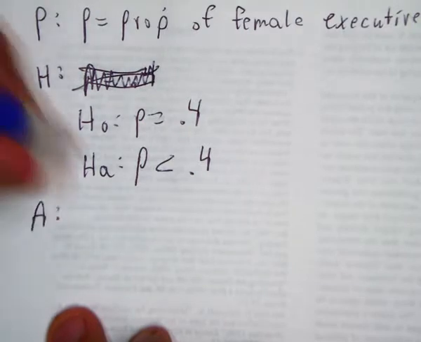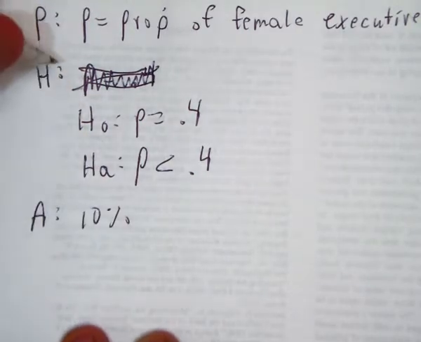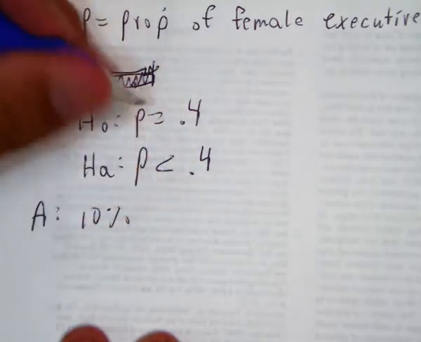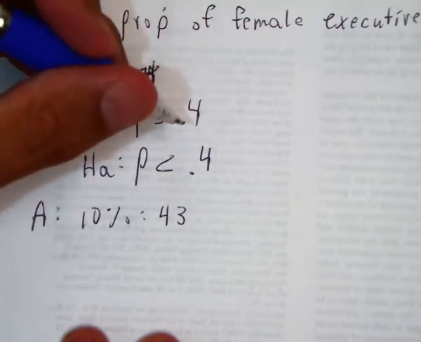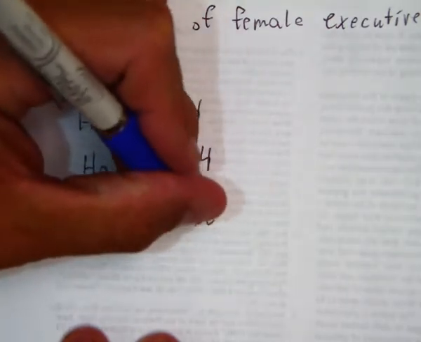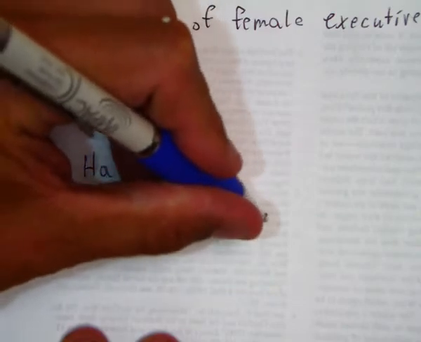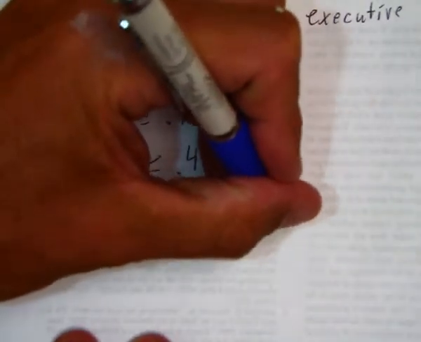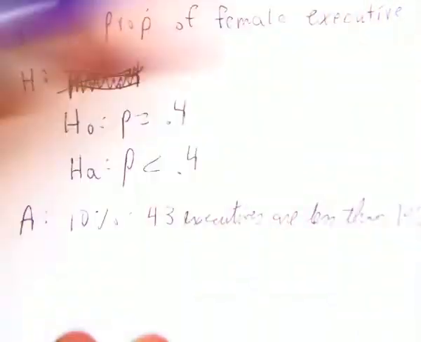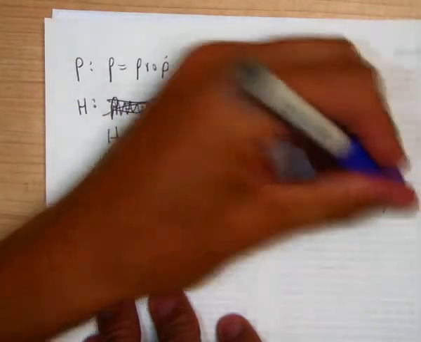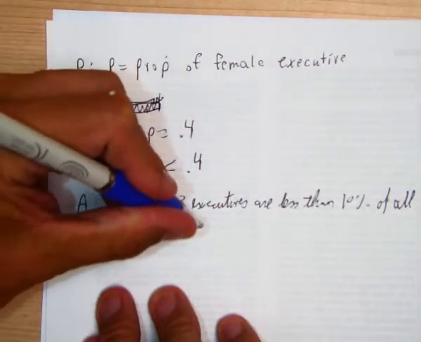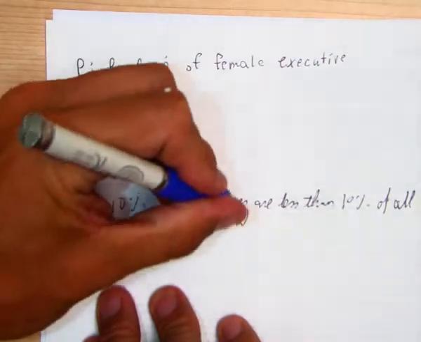Okay, the assumptions and conditions, 10%. In this case, we're testing 43 executives. Are they less than 10% of all executives at the company?